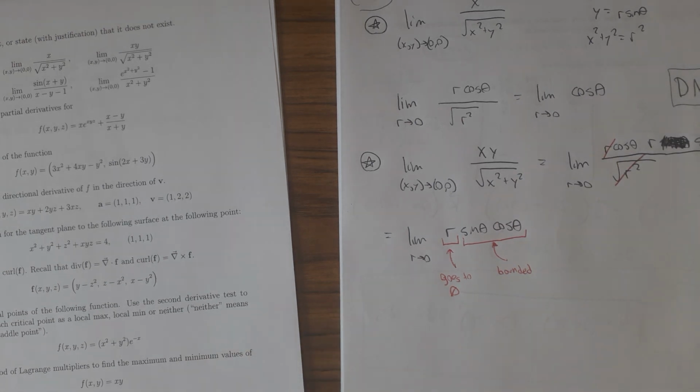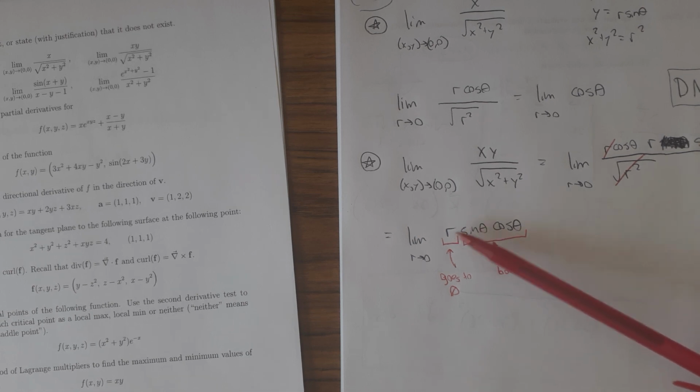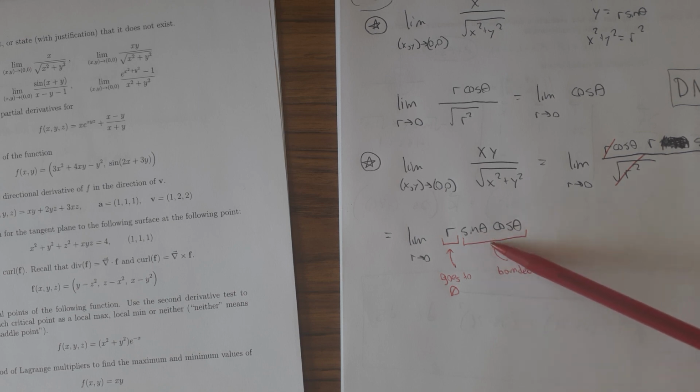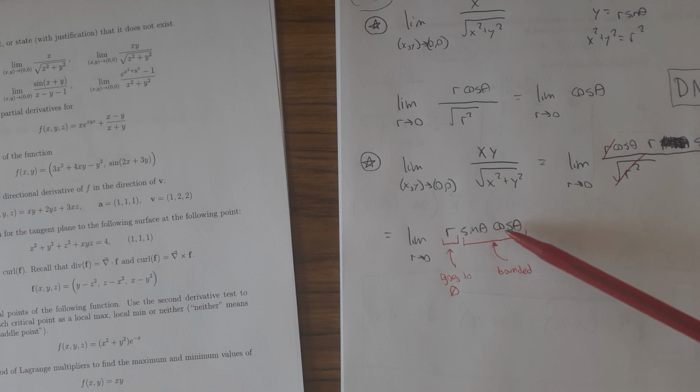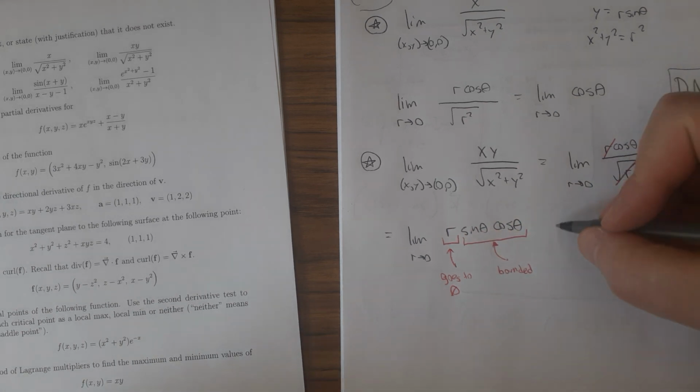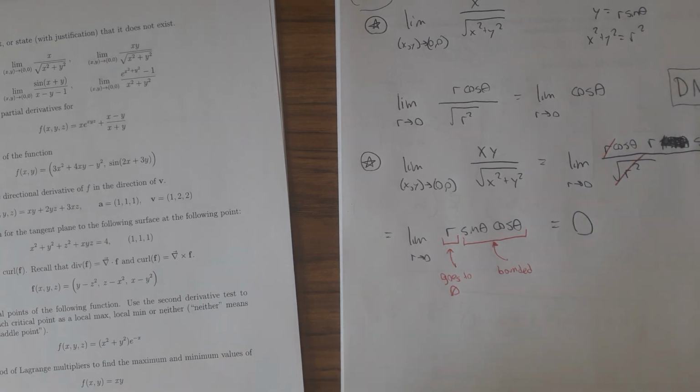Sine and cosine are always between -1 and 1. So there's a limit to how big those can be and how small those can be. If I take r, which is going to 0, and I multiply it by something, and this is still like the last one where I have to imagine that theta could be anything and theta could even depend on r, but in this case it doesn't matter because this stuff is always between -1 and 1, and I'm multiplying it by something that's going to 0. So I get 0.